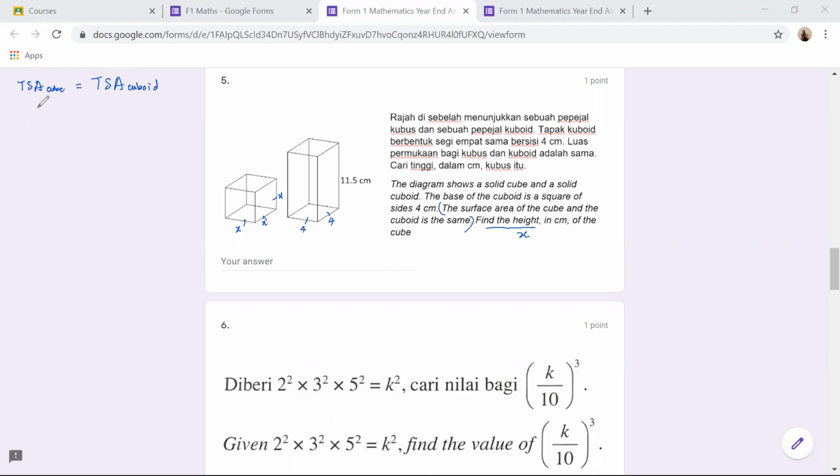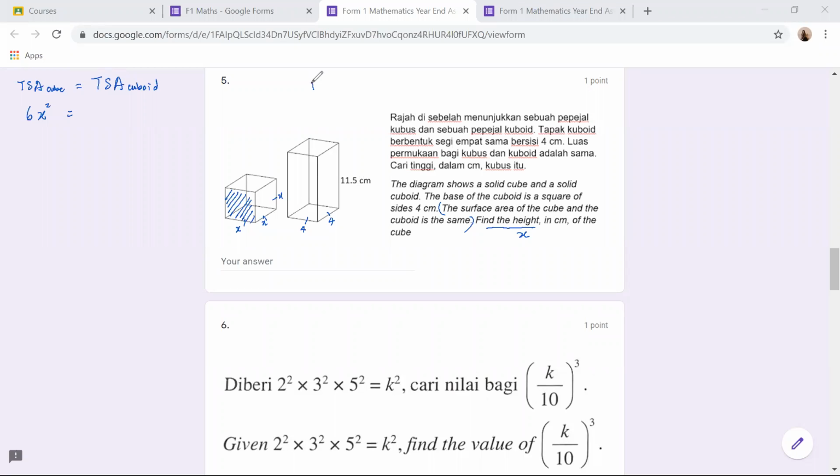So how do we find the total surface area of the cube? For a cube, each surface has the same area, that will be x squared. We have 6 surfaces, so 6x squared equals, for the total surface area of the cuboid, let's go by pairs.